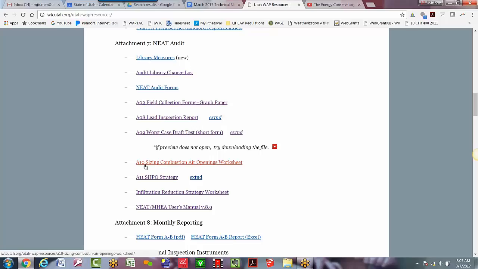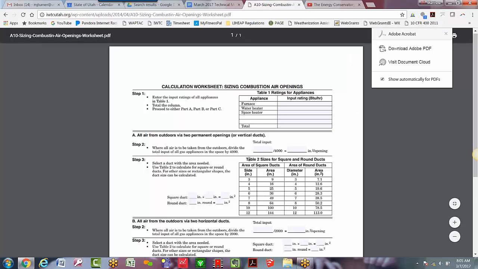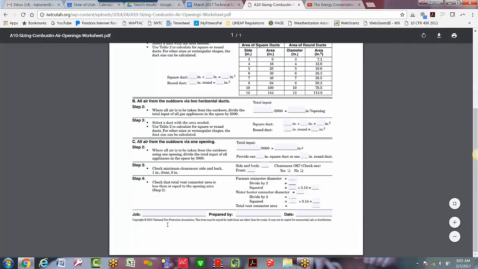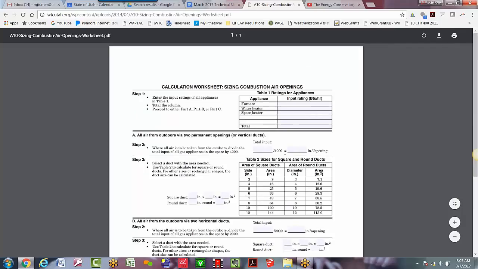That's where all your tapes from your combustion appliances should go. As of right now, this is not a requirement, but it is a best practice. If you click that link, it should look familiar to many of you. It's from the National Fire Protection Association, and it's one form.